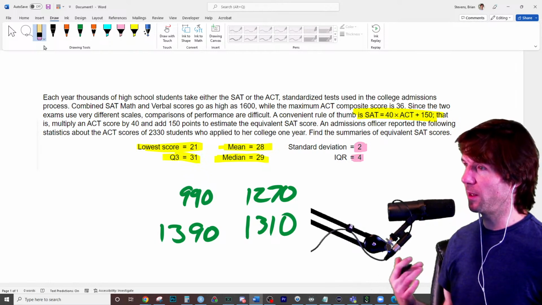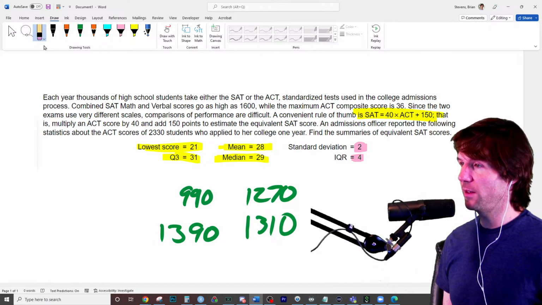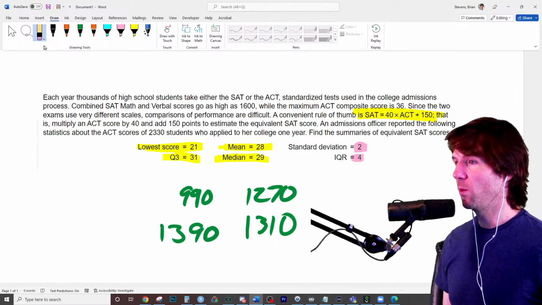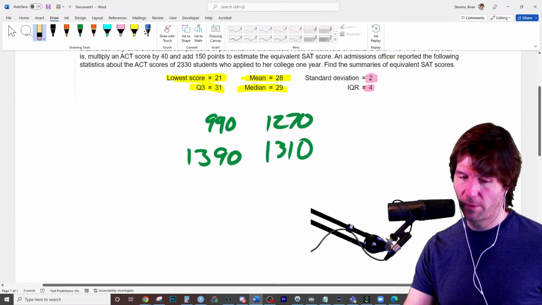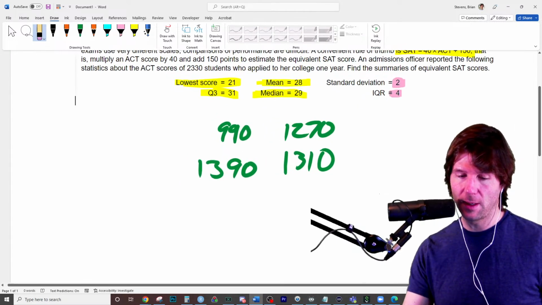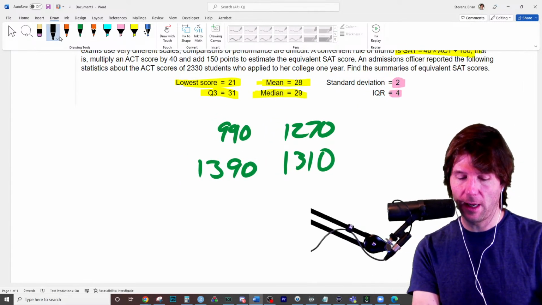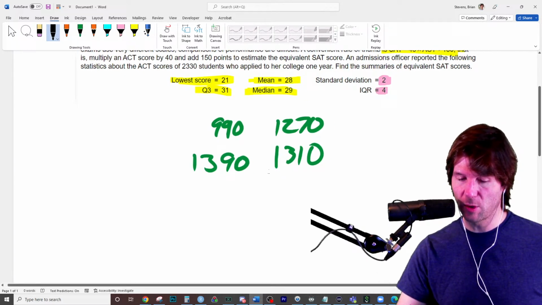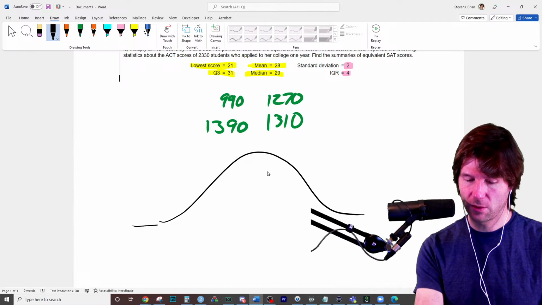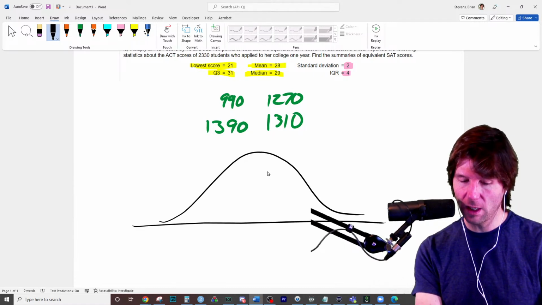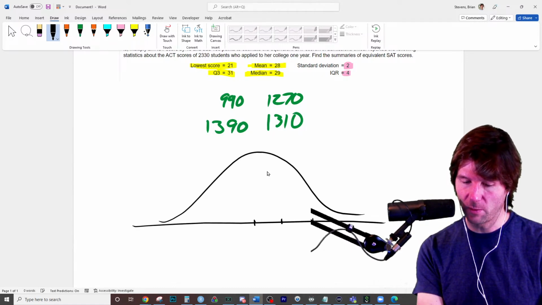But now we run into a bit of an issue. The standard deviation being 2, well, let's take a look at it. With the standard deviation of 2, that means that people would have a distribution of ACT scores where the ACT score looks the following way.